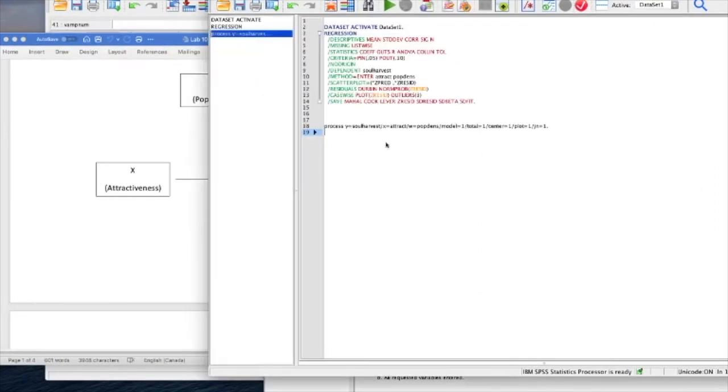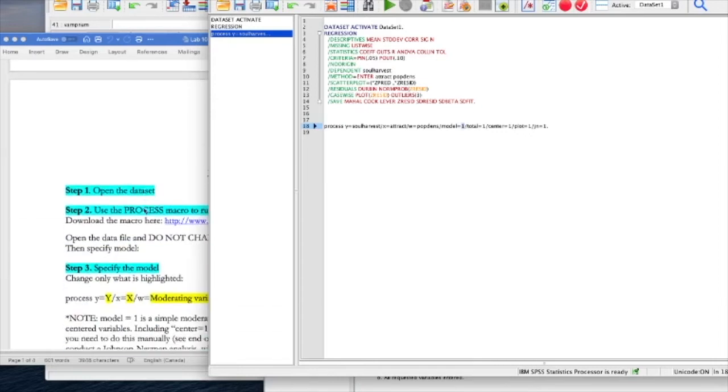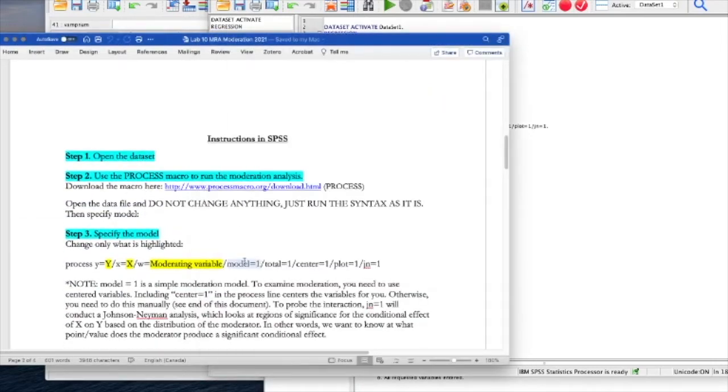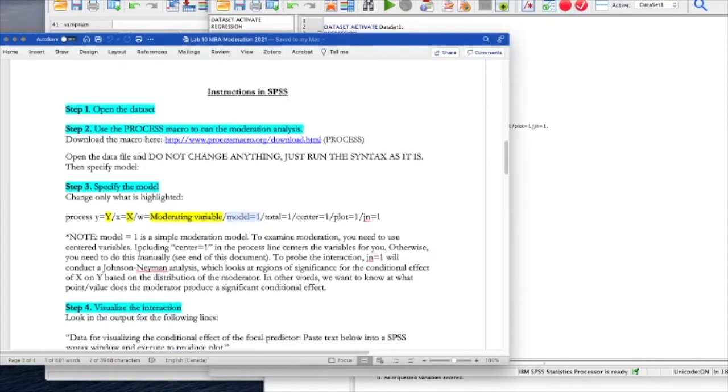Okay, so hopefully you got this. Now the model that we have written here is 1. That's because in PROCESS, model 1 is a moderation model. Additionally, we need to have centered variables for moderation.